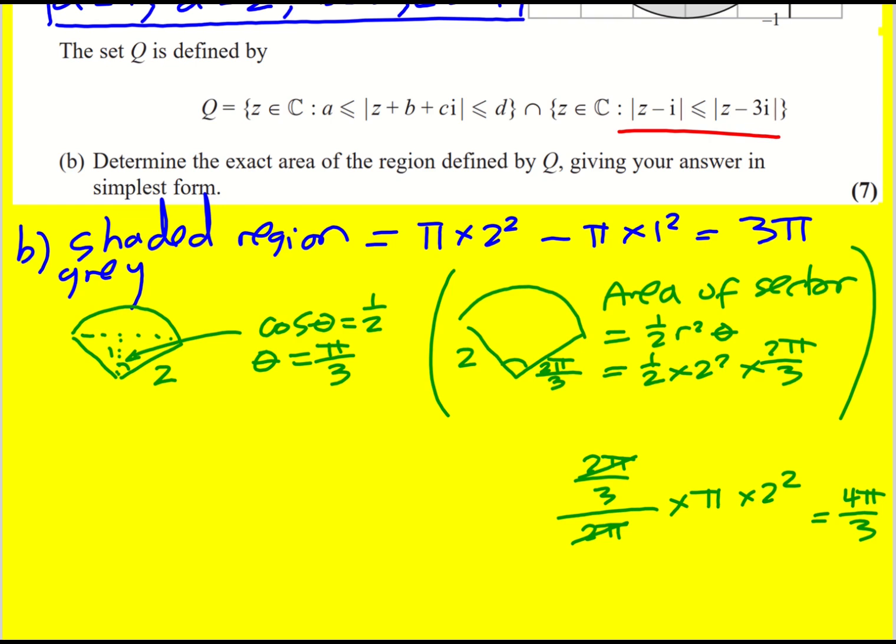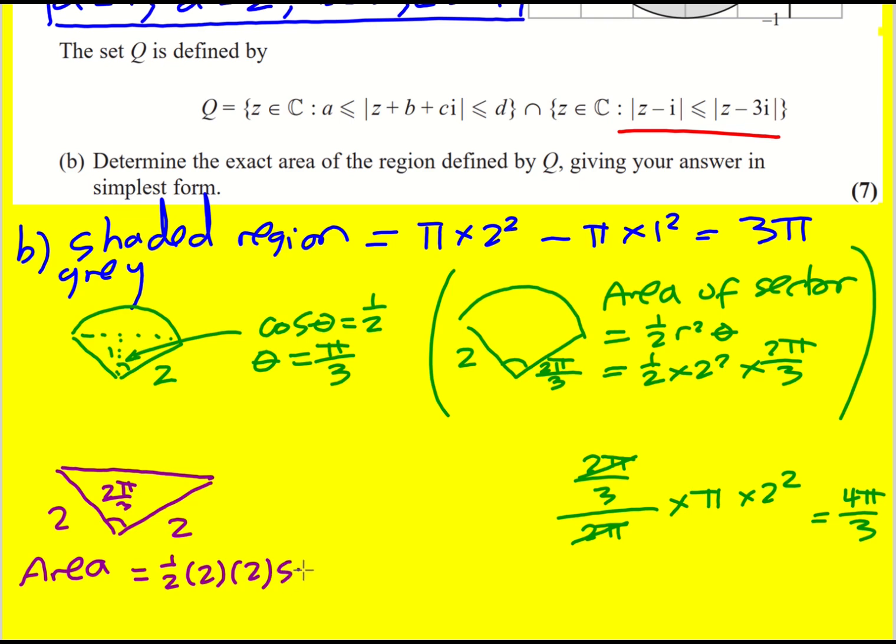So now I'm going to look at the triangle. Remember this is 2. Now I don't know the base or anything, but I do know that this is 2, and remember this is 2 pi over 3. So I can just do a half ab sine C. These cancel, so it's just 2 lots of sine 2 pi over 3.